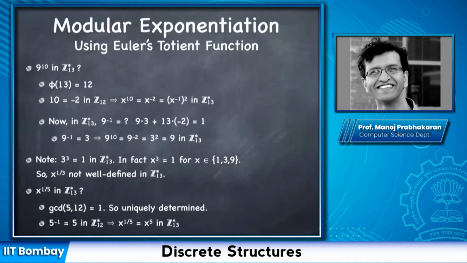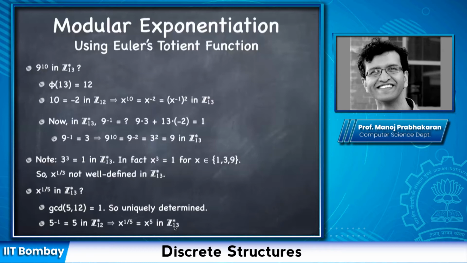Again, you can do that using the extended Euclidean algorithm. It just takes a couple of steps. 25 is 24 plus 1, so 25 minus 24 is 1, and so 5 inverse is 5. That means x to the 1/5 is the same as x to the 5th power in Z13 star.